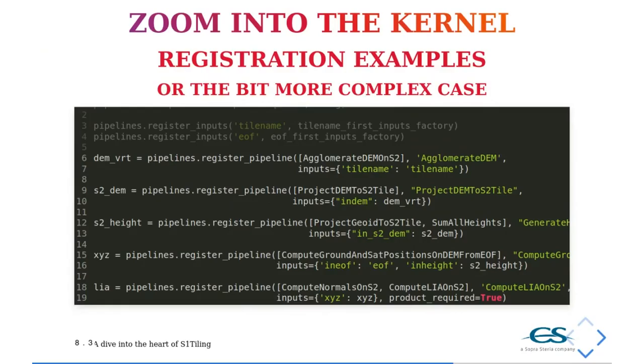Where it becomes interesting is in the third one, where I'm producing ECEF coordinates. Here we can see that I'm consuming two inputs. I'm consuming inputs that come from the processor bit file I've produced, and I'm consuming inputs that came from the previous step.